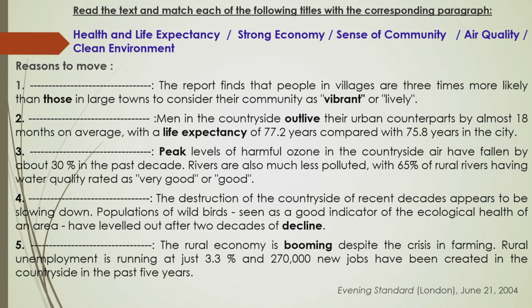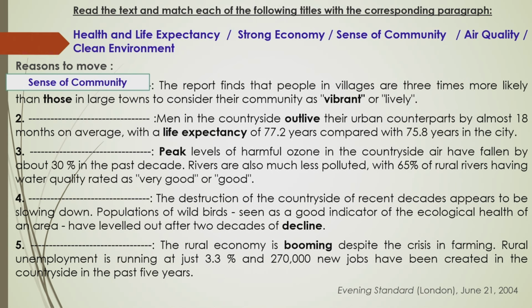So let's focus on some keywords that do exist in paragraph number 1. You have noticed here that we speak about a lively community, and I think that if we focus on the headings or titles, it's definitely this sense of community, which is the main idea.